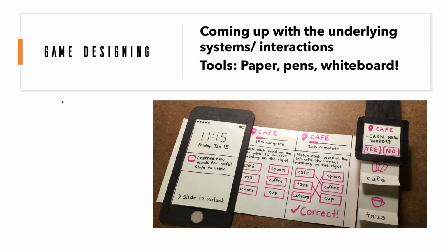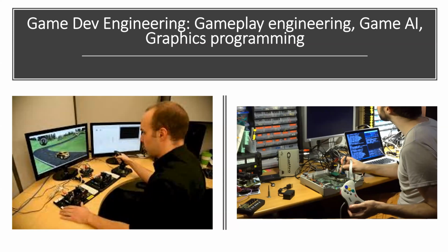Then I think the one that's going to most interest all of you is engineering. And game engineering is split into a lot of different sections. Some of the primary ones are gameplay engineering, game AI, graphics programming. I would be happy to talk much more in detail about all of these in the Q&A section.